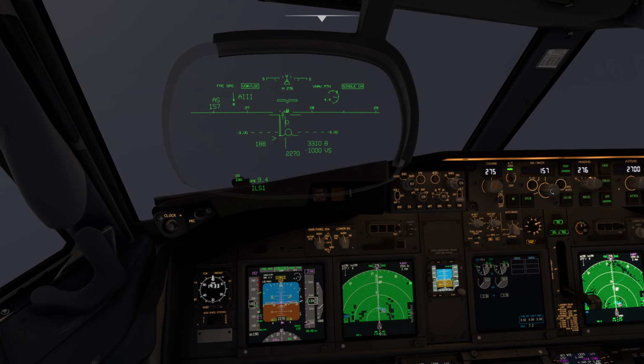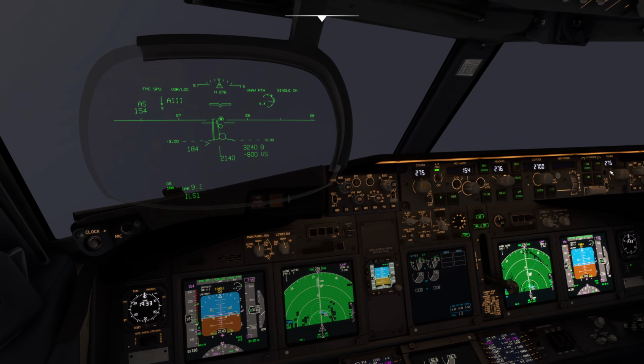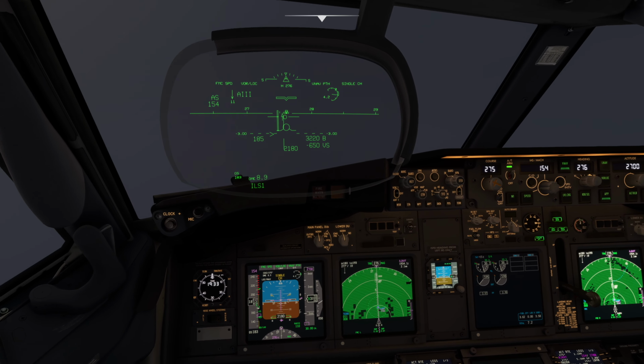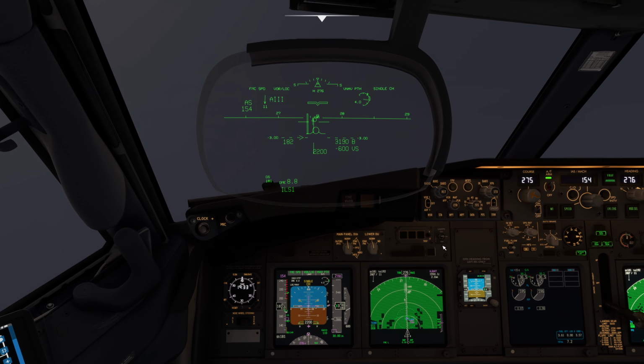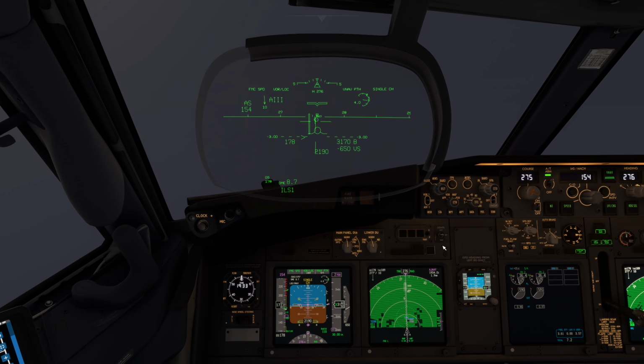Once flaps are at 15 degrees, we can bug VREF approach, which is our flaps 30 reference speed plus 5 knots. We'll autoland on this approach, however some ops specs require the approach to be hand-flown from 1,000 feet.